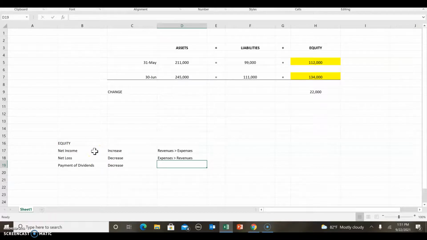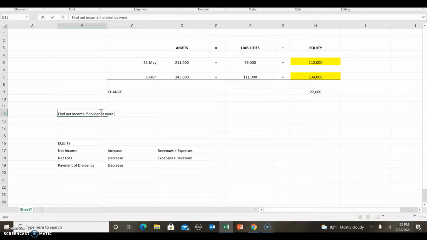So the question in part A, for example, may say to you, find net income if dividends were $5,000. Okay, so find net income if dividends were $5,000.